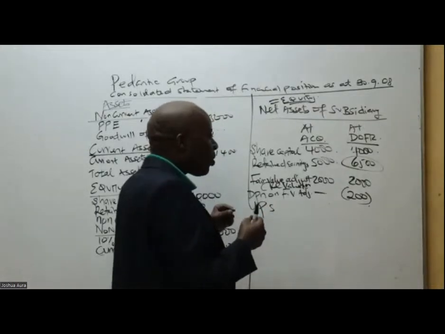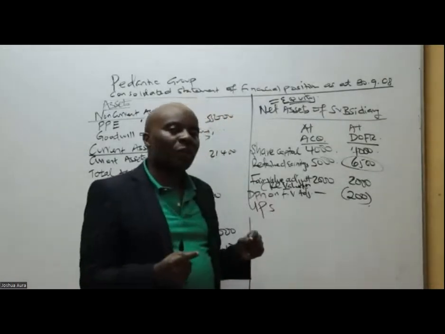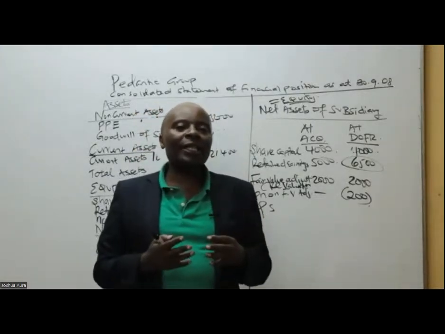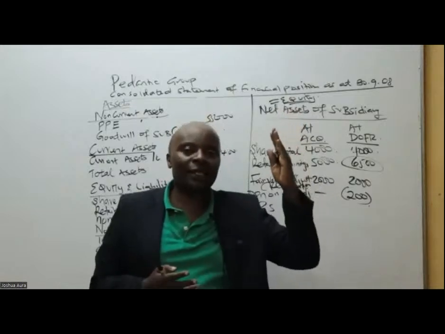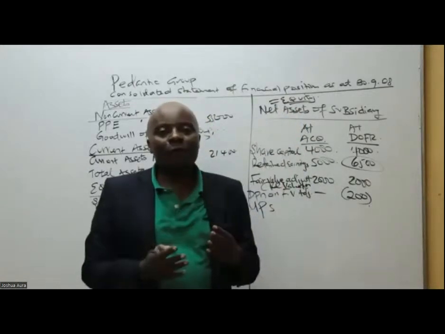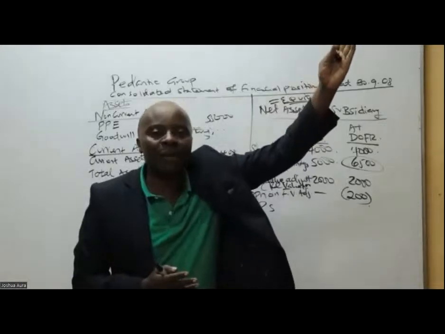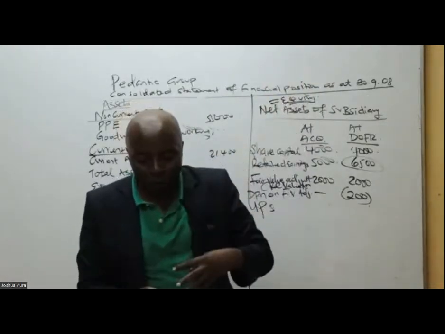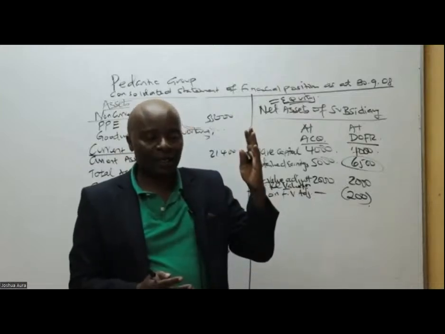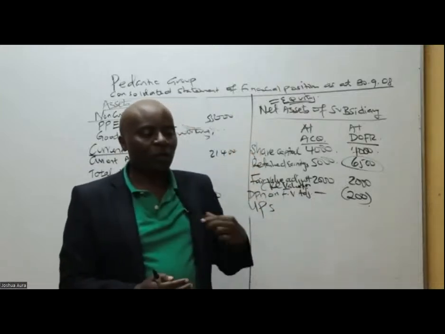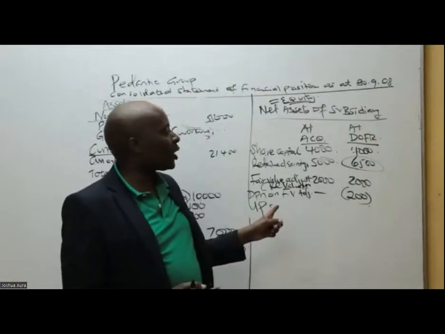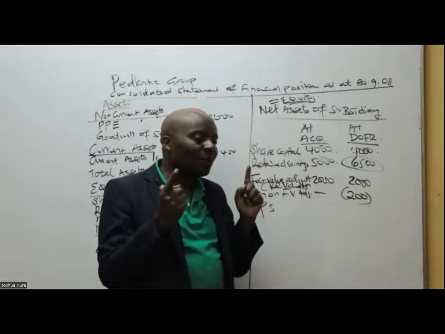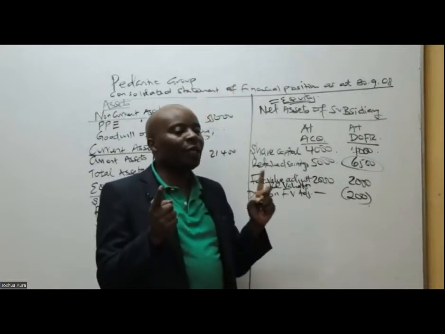UPS is normally brought into the net assets of the subsidiary if it is the subsidiary that sold goods to the parent. If it is an upward transaction, from the subsidiary to the parent, then UPS must be brought under net assets of the subsidiary because the net assets of the subsidiary have been overstated.